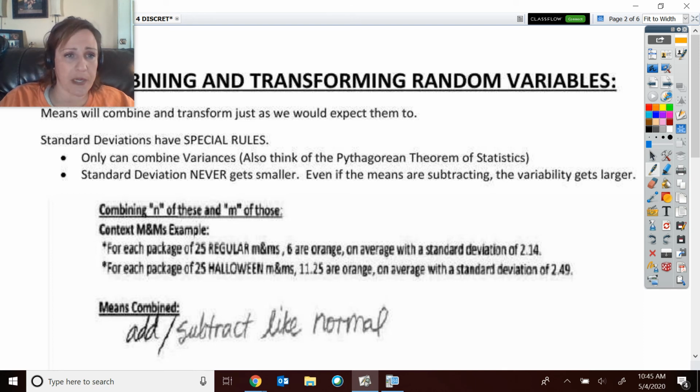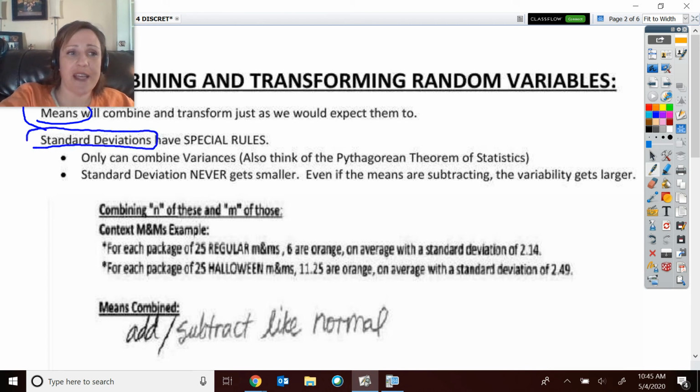All right. So when we're combining and transforming, again, we need to keep in mind that the mean is good to go. Means will add and subtract, multiply and divide, and combine just as you would normally expect. That measure of center moves around and changes just like we would expect. But the standard deviation has special rules.